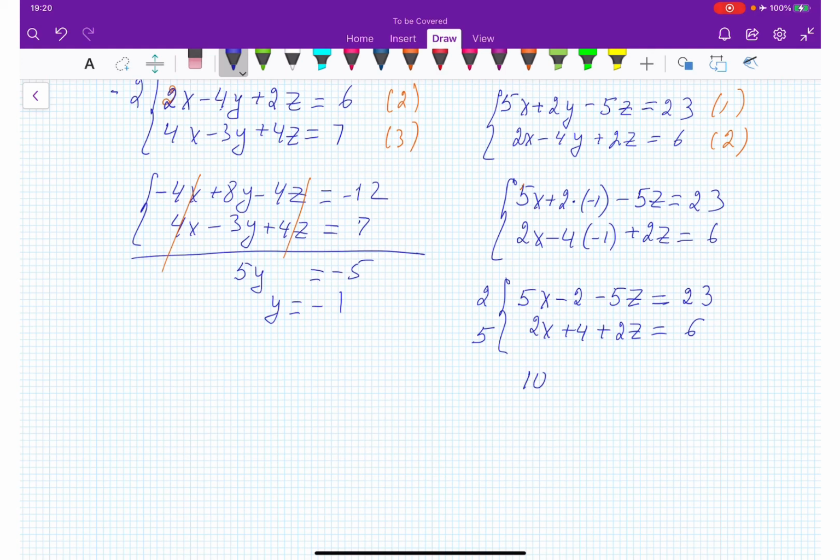10x minus 4 minus 10z is equal 46. Now 5 times 2x is 10x, 5 times 4 is 20. Yes, if you're wondering if you could combine, yes, you could combine first, but I'm going to combine now, and it's not a big deal.